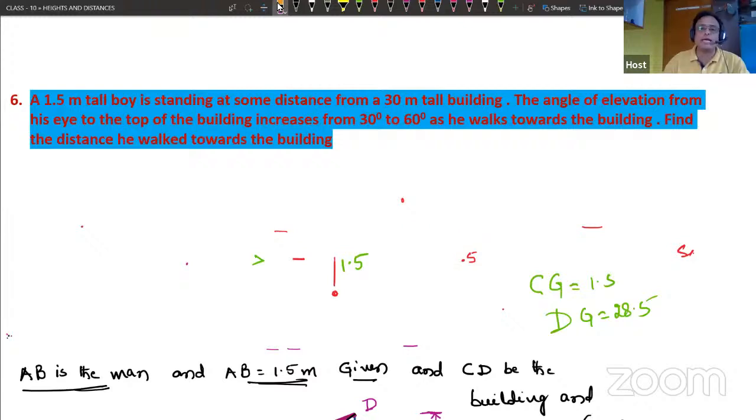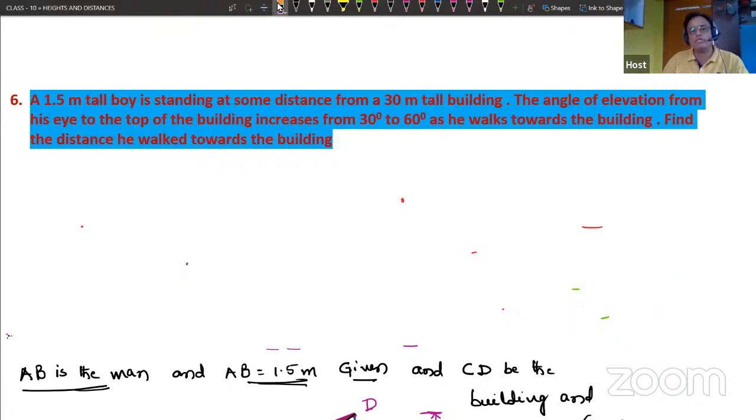In the question, the angle of elevation from his eye to the top of the building increases from 30 degrees to 60 degrees as he walks towards the building. That means the first time he has seen 30 degrees. Afterwards, he started walking towards the building.